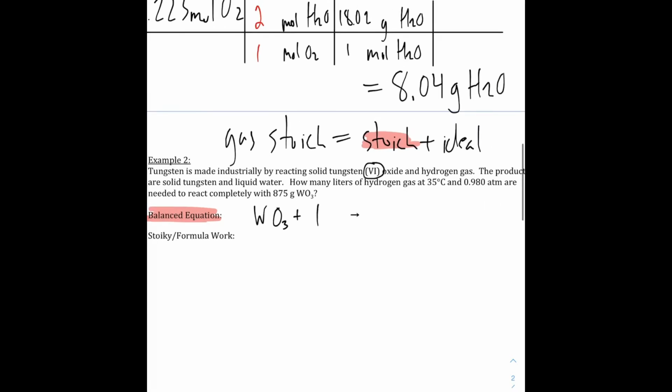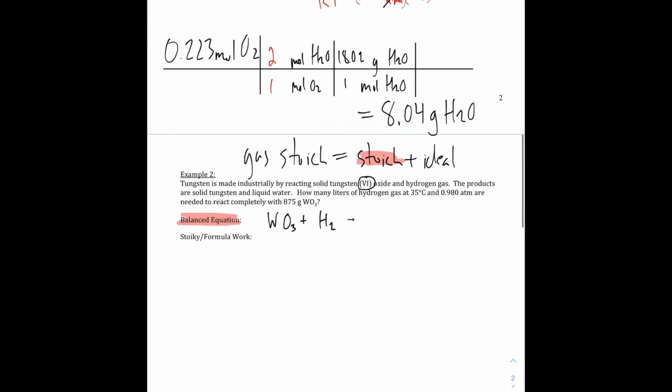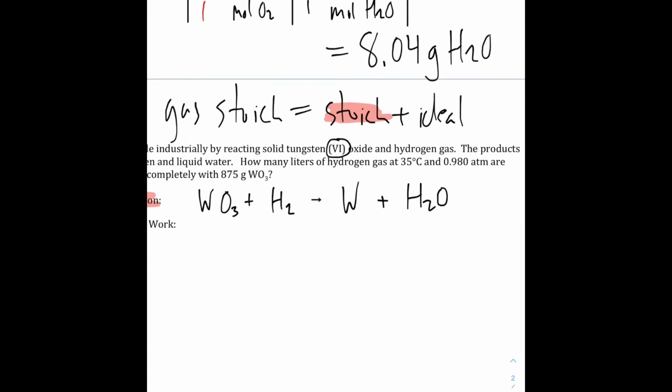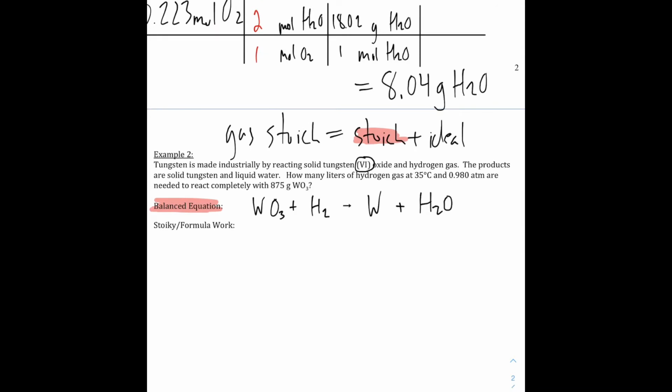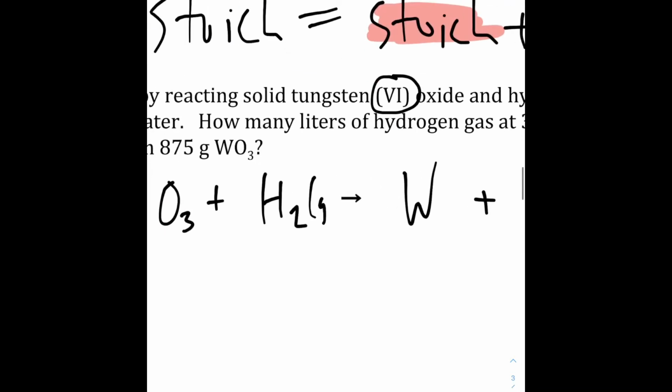Tungsten reacts with hydrogen, Brinkelhoff, diatomic, and the products are solid tungsten and water. I am leaving states out currently because I think I'm running out of room. Let's see, maybe I can fit them in.